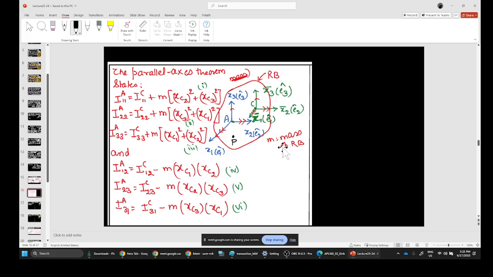What it is essentially telling us is that if you know the inertia matrix components of the RB at point C, it is possible to calculate the components of the inertia matrix of the same RB at another point A. You can go from the center of mass to another point A. Okay, that is the relationship. xc2 and xc3 are the coordinates of the center of mass measured from the blue coordinate system.